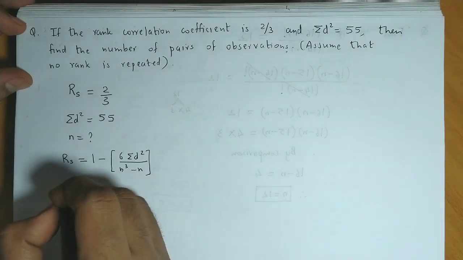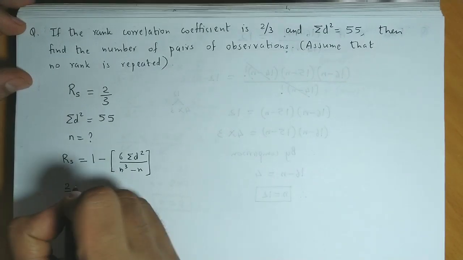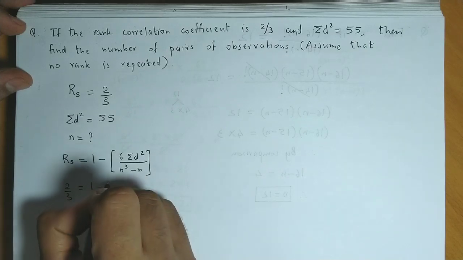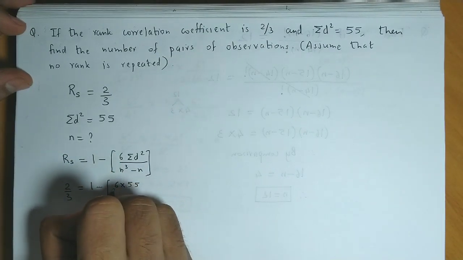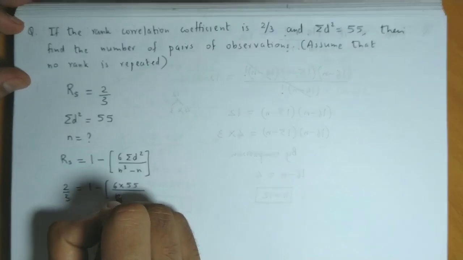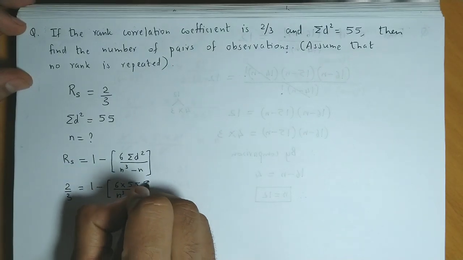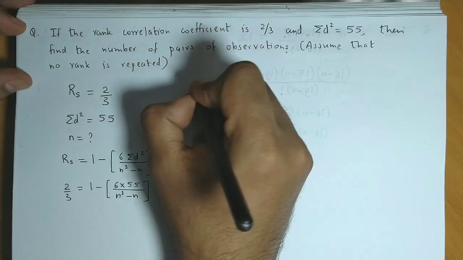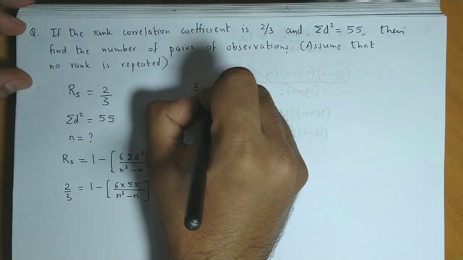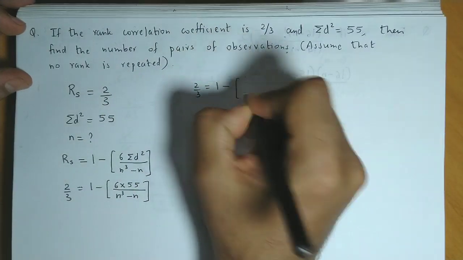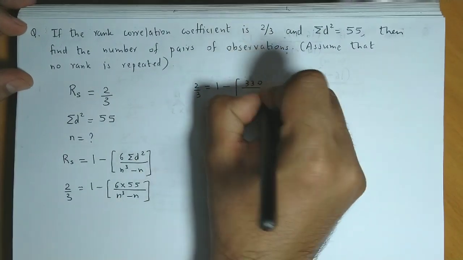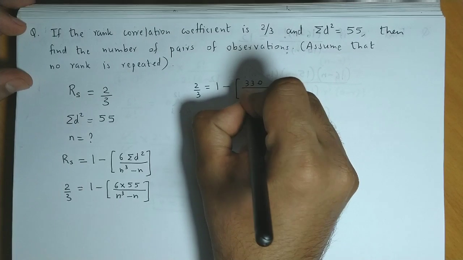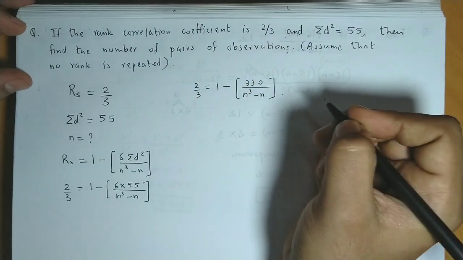Now the value for RS is 2 by 3 equal to 1 minus 6 into 55 divided by n cube minus n. So further we get 2 by 3 is equal to 1 minus, now 6 into 55 is 330 divided by n cube minus n.